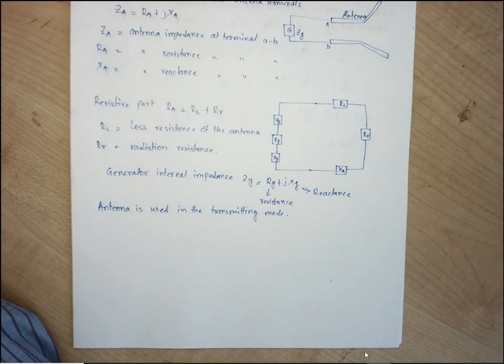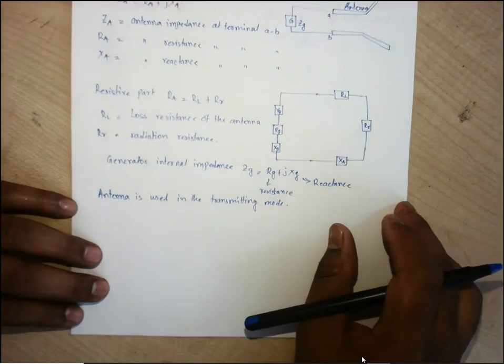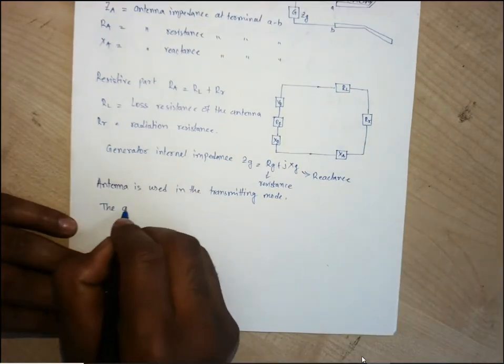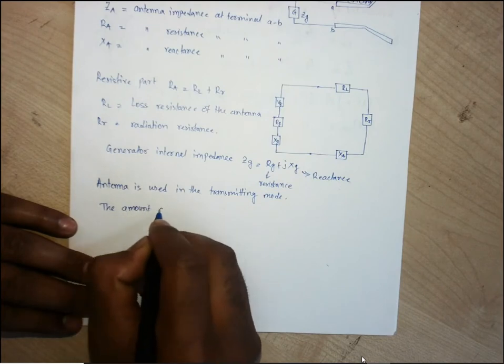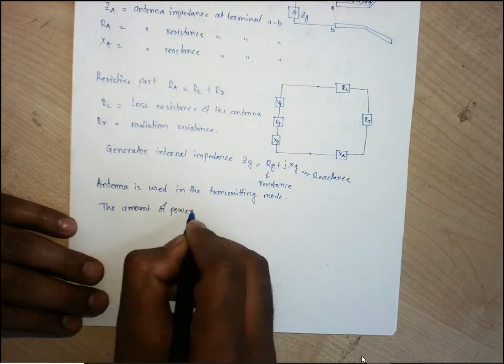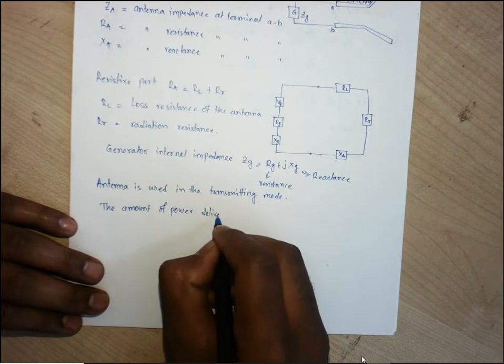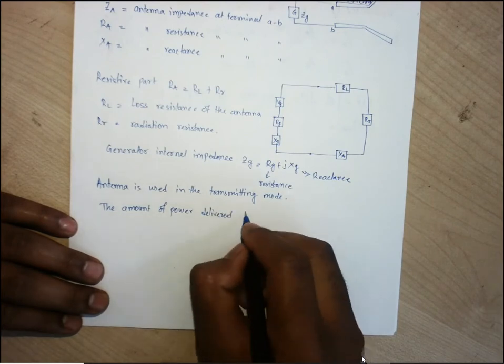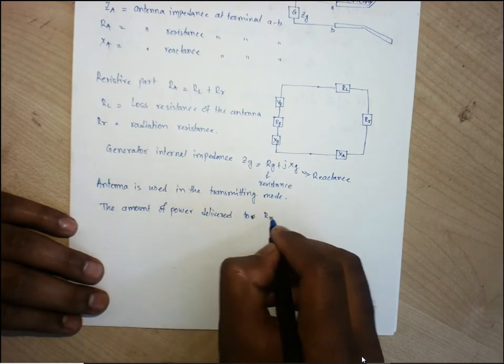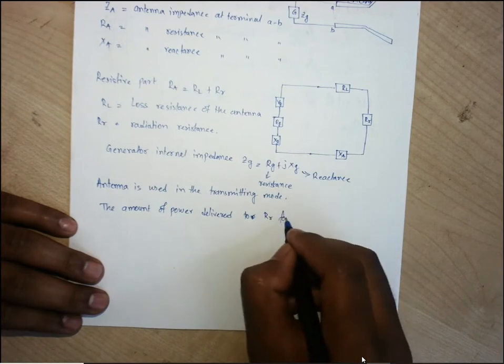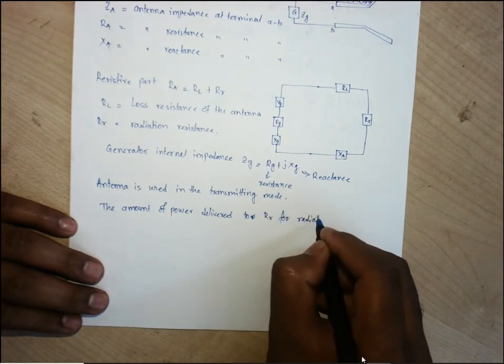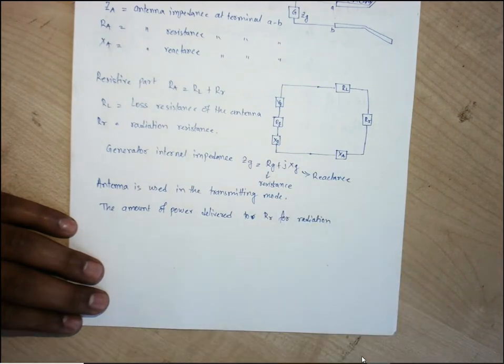Now the power delivered to this RR, the amount of power delivered to RR for radiation. This RR is known as radiation resistance.